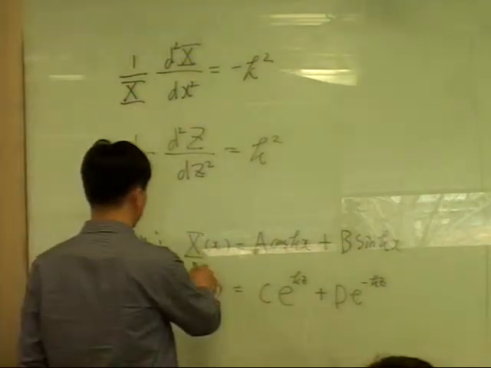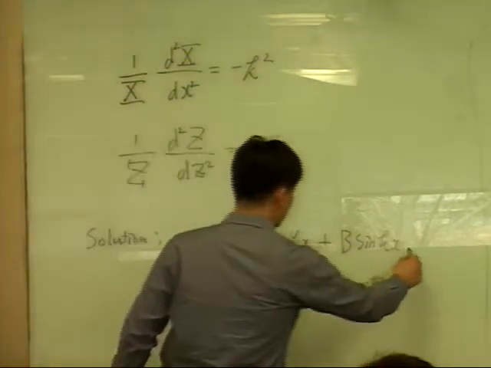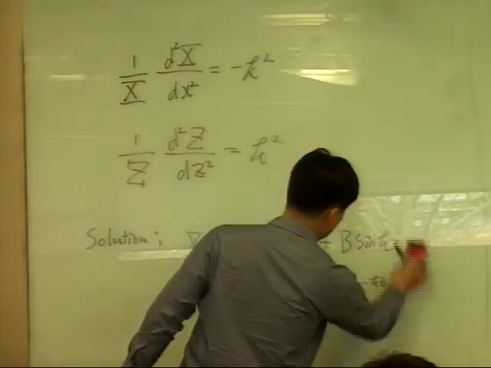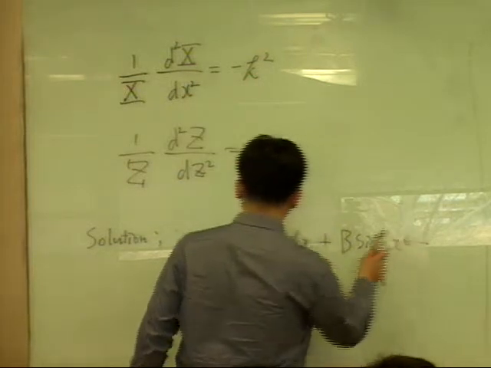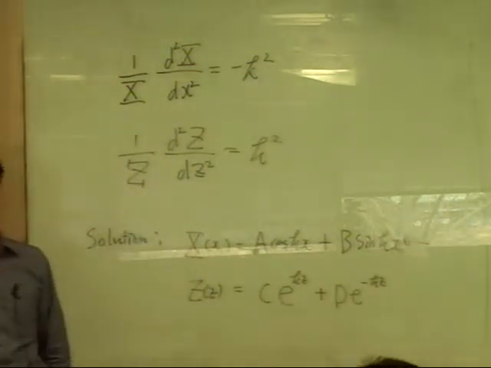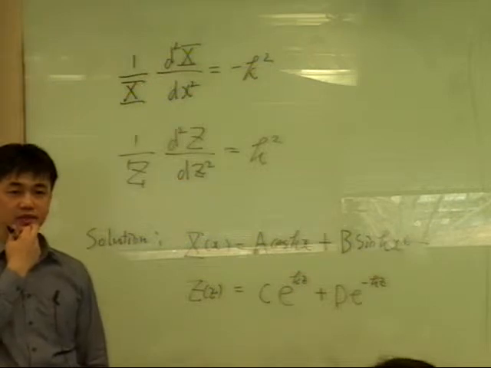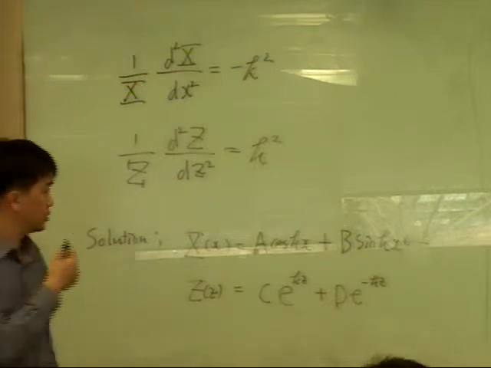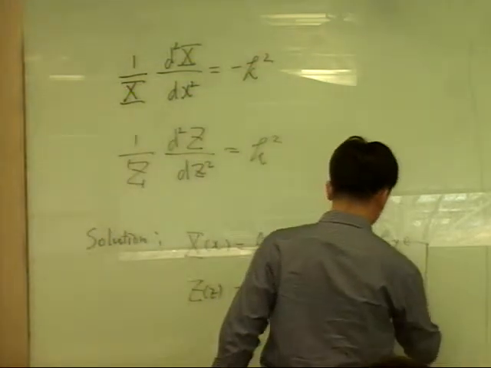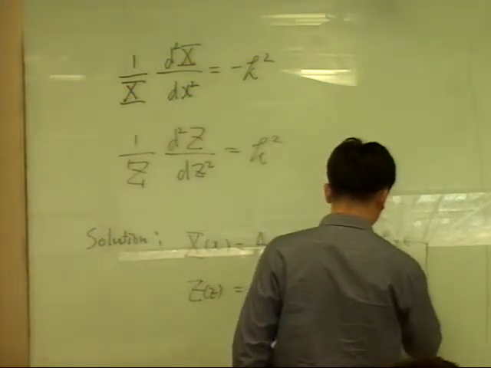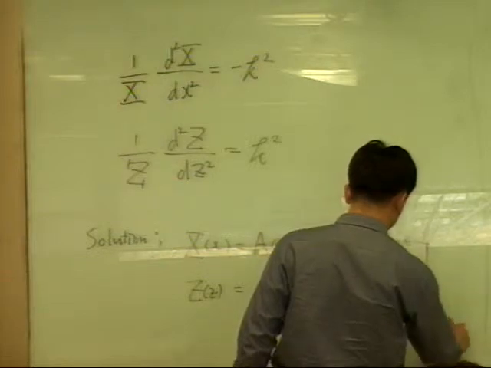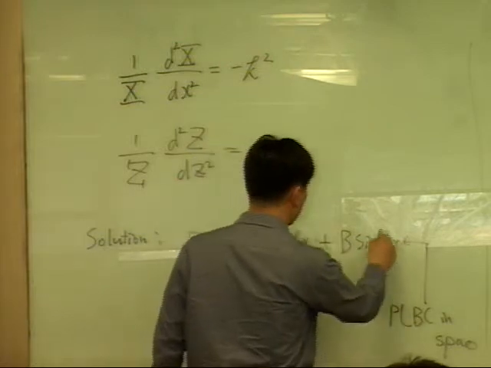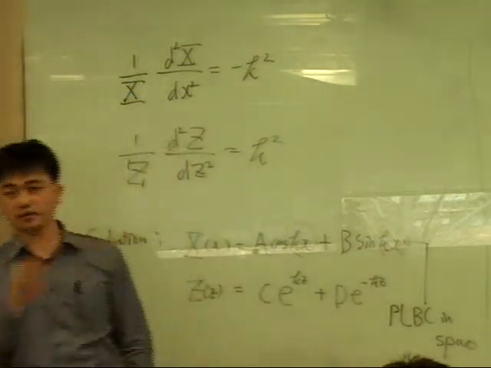Look at this X. This equation satisfies the periodic lateral boundary condition in space, right? Because here we have a kx. This is sine and cosine function.